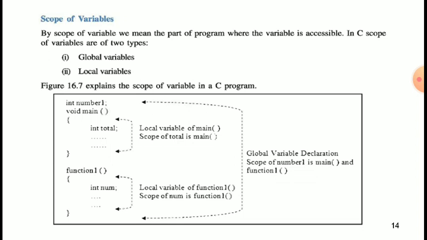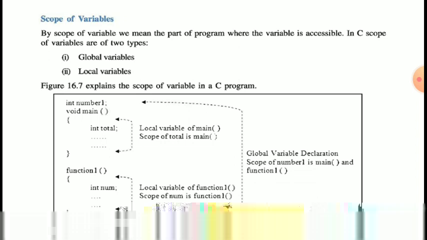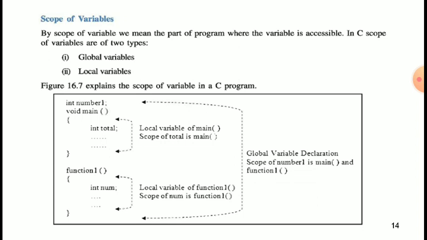A variable defined between the curly brackets is a local variable, and a variable defined outside the curly brackets is a global variable declaration. So that is the explanation of global variables and local variables.